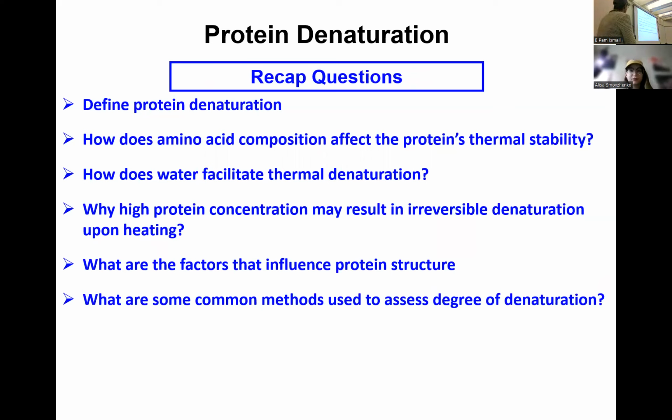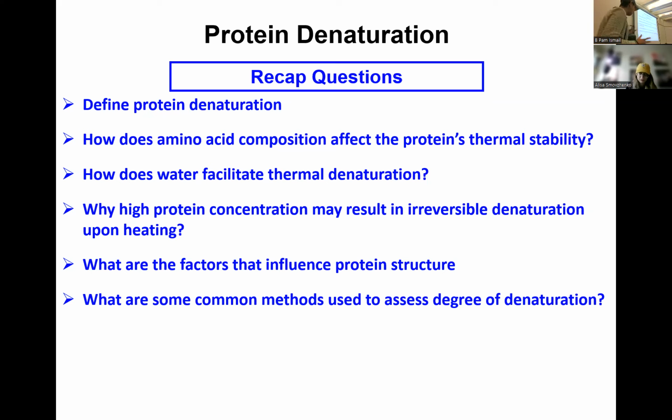Okay, so define protein denaturation in simple terms. I guess, simply, unfolding of the protein structure. That is a very simple term, unfolding of the protein structure. Very good. In technical terms, what's technically happening to the protein? Yes, Jean.